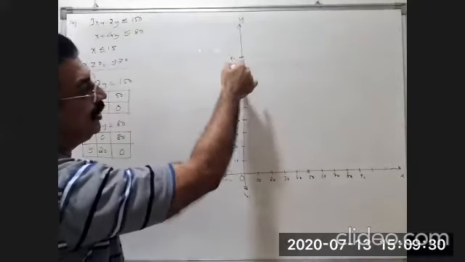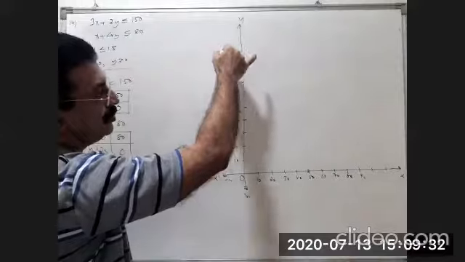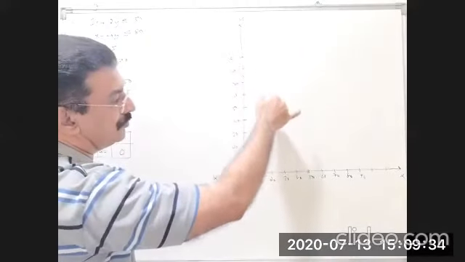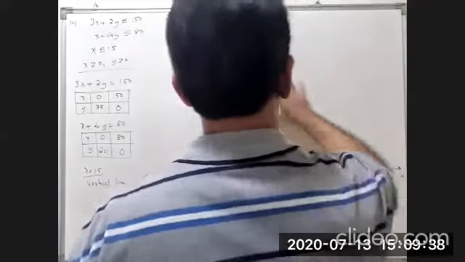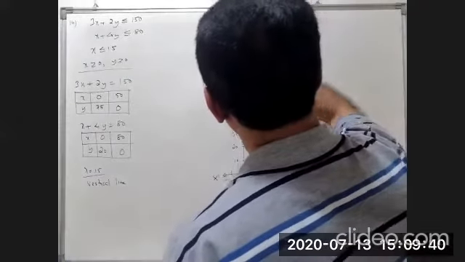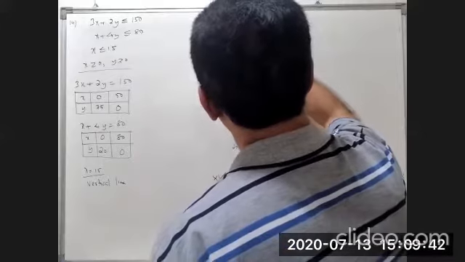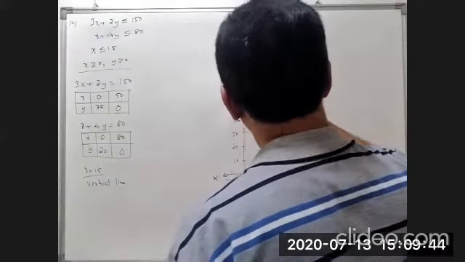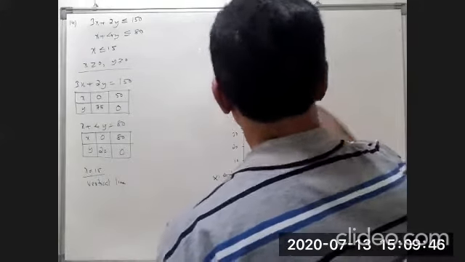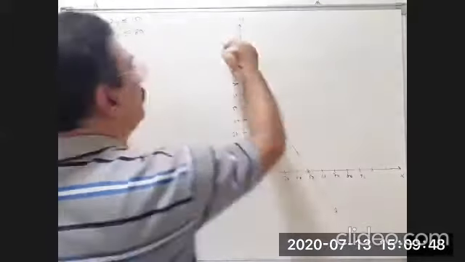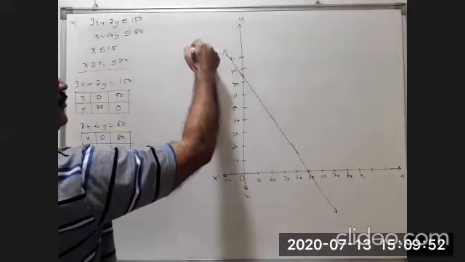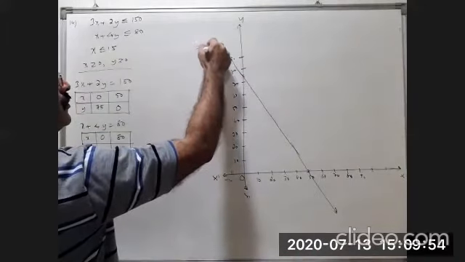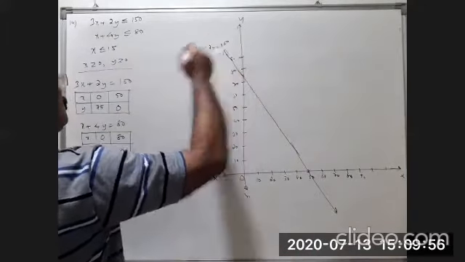So joining these two, draw a line passing through. So this line is 3x plus 2y is equal to 150.